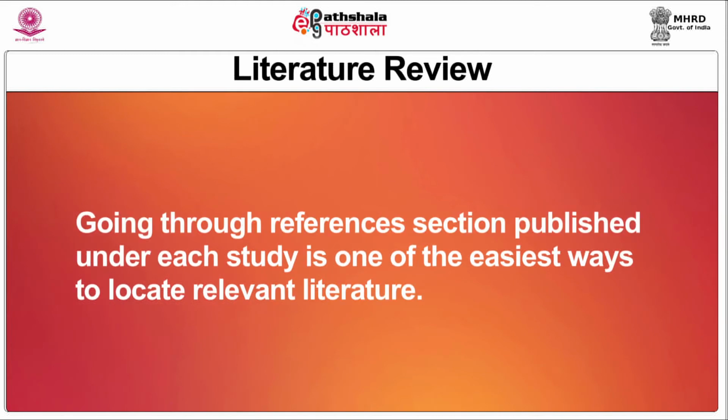Going through references section published under each study is one of the easiest ways to locate relevant literature. Once you get some useful studies related to your topic, you first create a bibliography, that is, a list of the sources you plan to read, and then create an annotated bibliography as explained above.